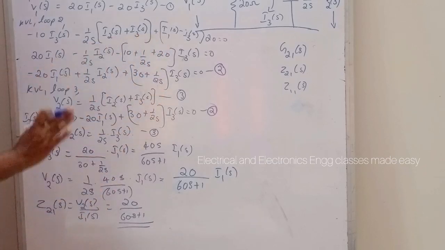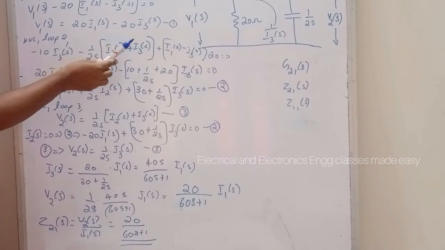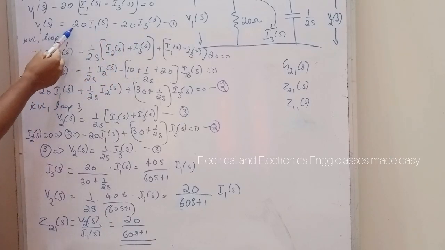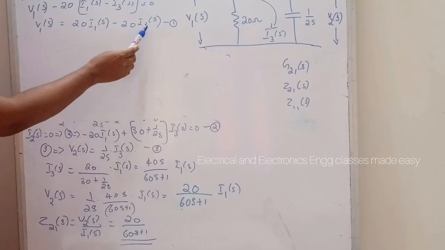Now we have to find G21(s) and Z11(s). Now put the value of I3(s) in the first equation. So now put the value of I3(s) in this equation.